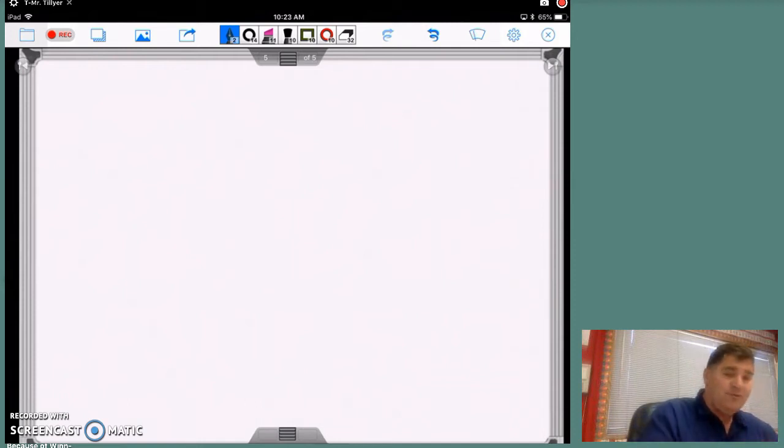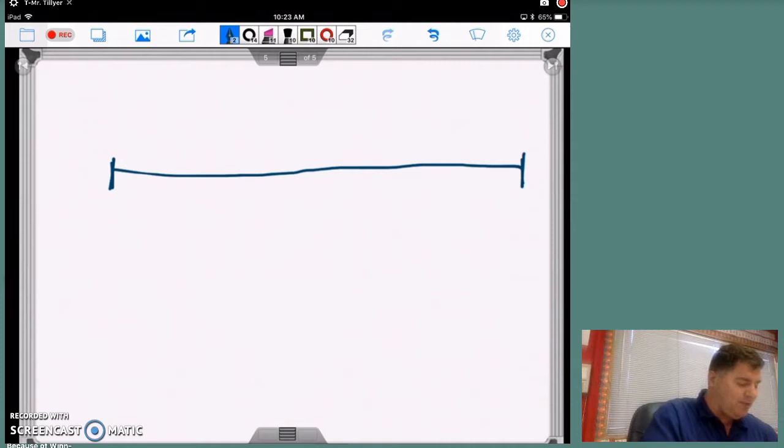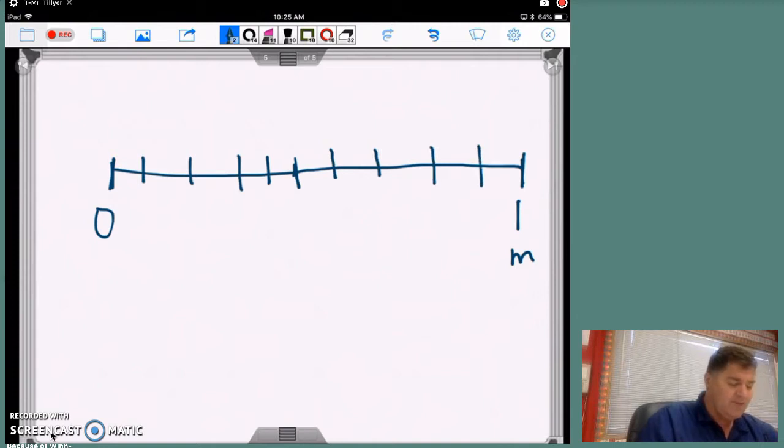Well, if you look, we could have a meter stick, 0 meters, and this would be 1 meter. We'd have 0.5 in the middle, then we'd go along it and count 1, 2, 3, 4, 5, 6, 7, 8, 9, 10.